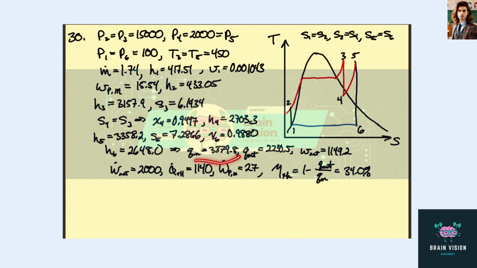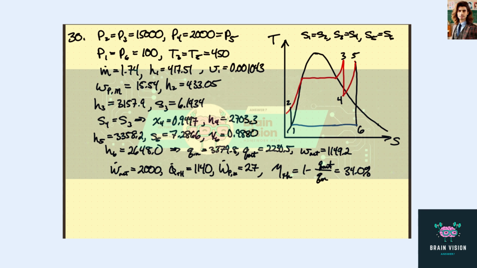And that winds up being a specific enthalpy of 3,380 kilojoules per kilogram. And then the enthalpy out, we just need to take H6 minus H1, and we get this value. The net work is then just the difference in these two. So that winds up being about 1,150 kilojoules per kilogram.